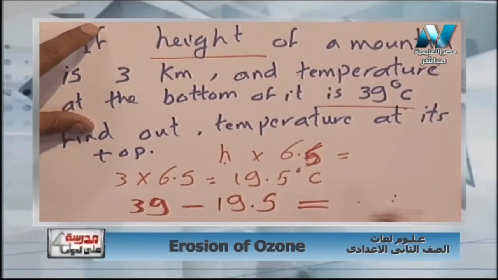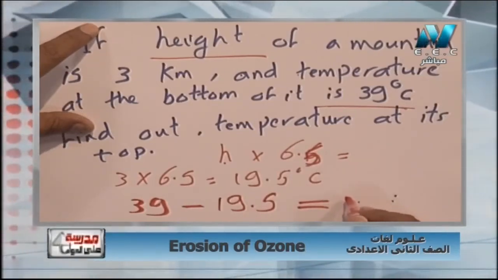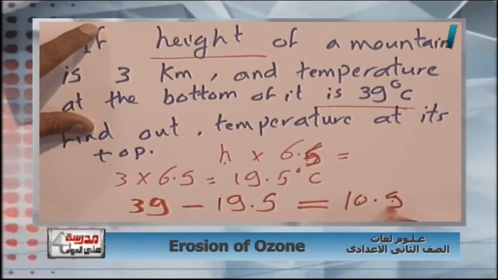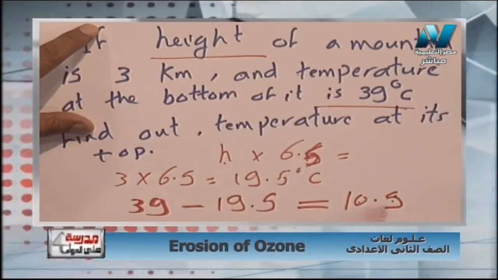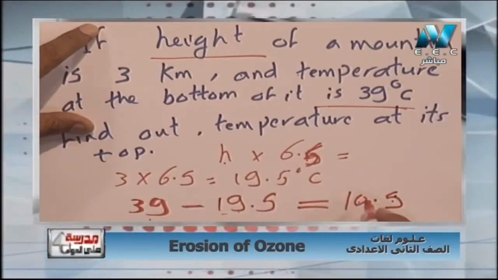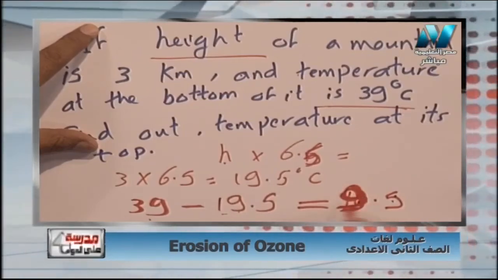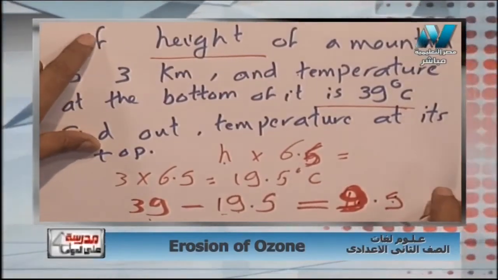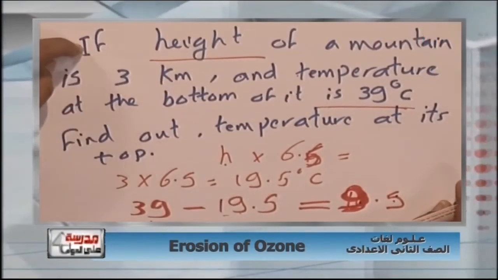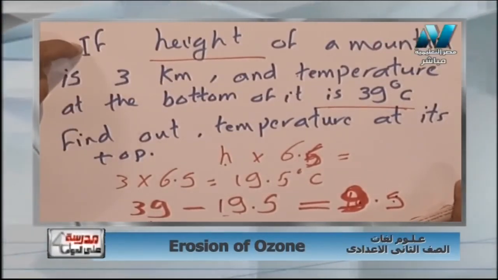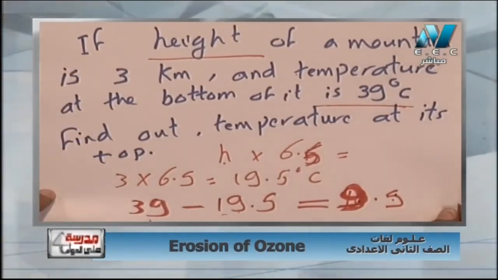It will be 19.5 degrees. So if I have the temperature at the bottom, and he needs to get temperature at the top, and I have height, I must do these steps.